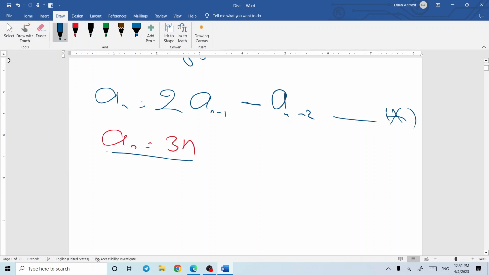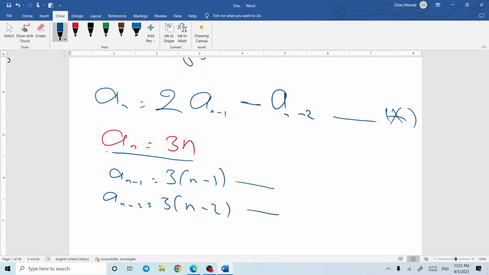Depending on this given, I can write down an minus 1 like what? 3n minus 1. Am I right? Yes. Tamam. How about an minus 2 equal to what? 3n minus 2. Okay? So I'm going to substitute these values.